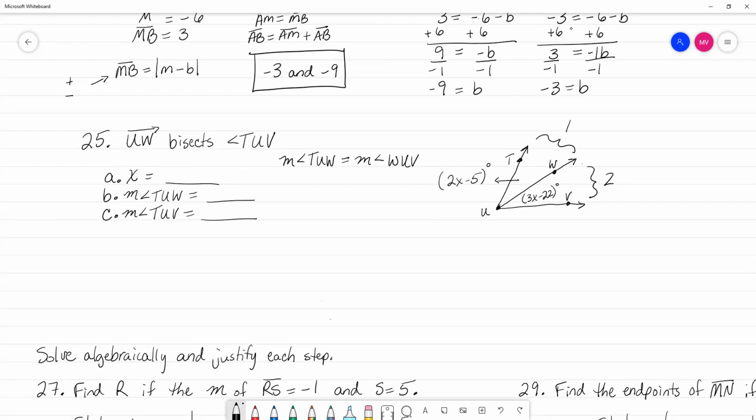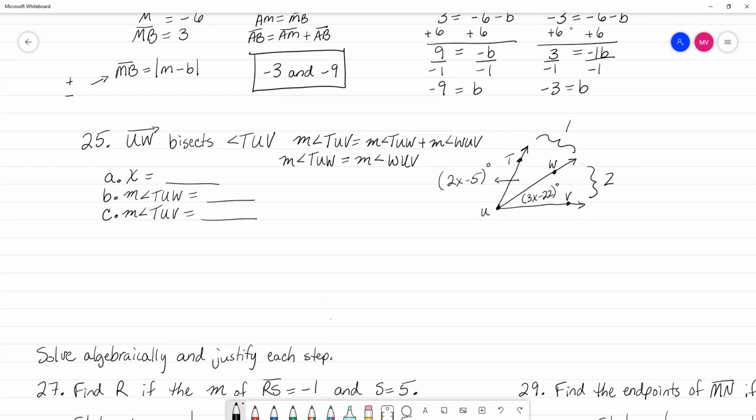The other thing we know is that the measurement of the large angle TUV is equal to the measurement of angle TUW plus the measurement of angle WUV. That actually is the definition of adjacent angles. So, bisector obviously creates adjacent angles, they share a side.